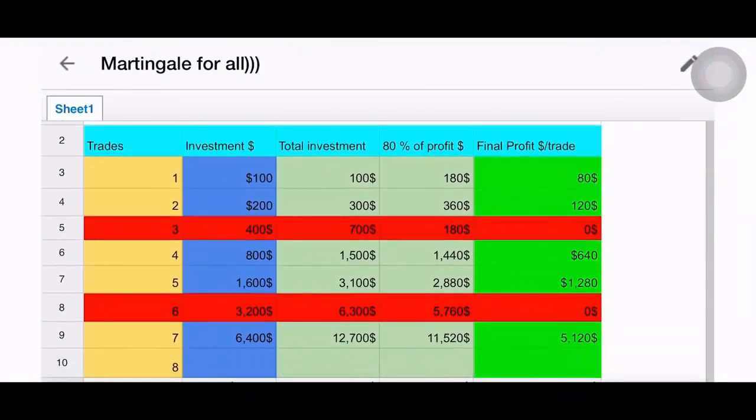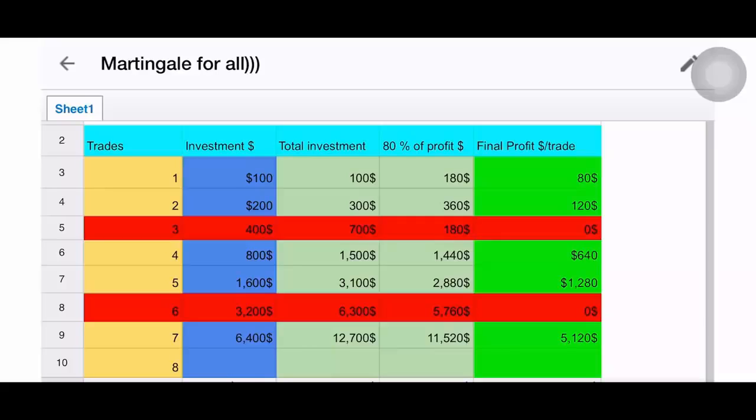First trade I opened is for $100. Total invested is 100. 80% profit, I guess, for a certain trade, because in my trading group, when I am trading alone by myself, I always look for the highest percentage. So 80% is something which is entitled to everybody if they have a VIP status. If they do not have, then also 80% in a few currency pairs, you can always get 80%.